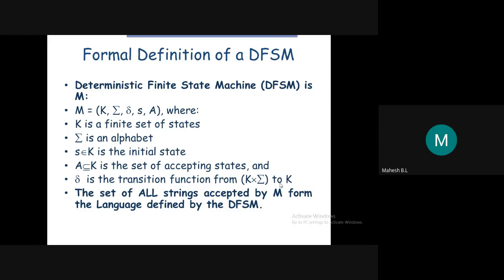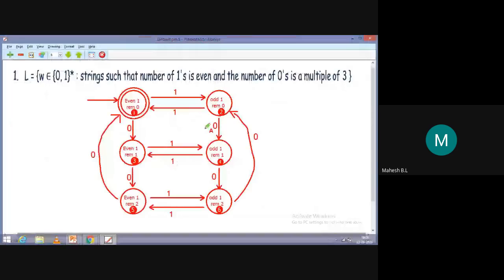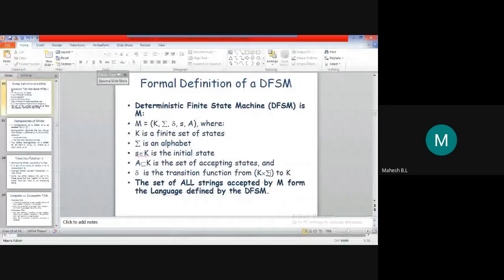If I consider this example, state 1, input symbol 0, what is the next state? 3. That is delta of 1, 0 is 3. K is the state, sigma is one of the input symbols, and it gives another state as the output.